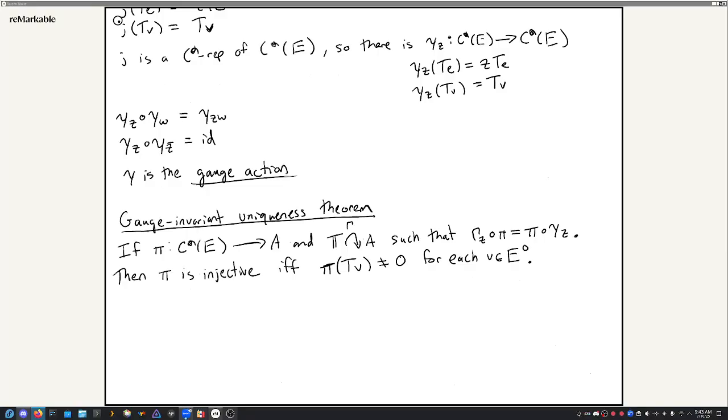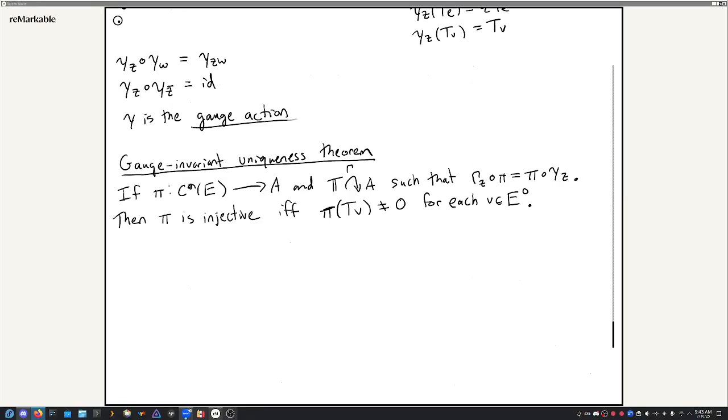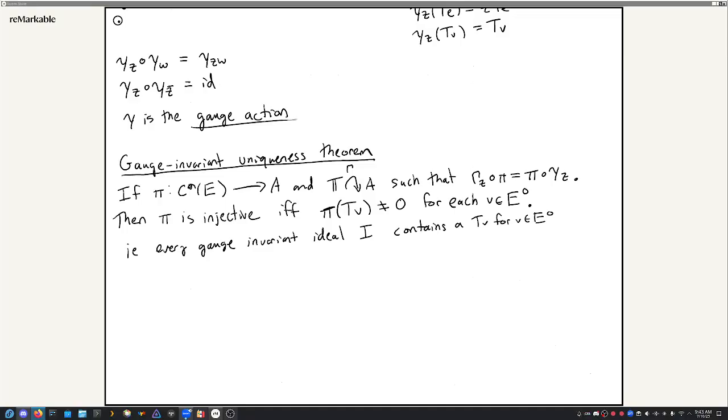And here I mean algebra, not the closure of the algebra, which would be the universal C-star algebra. So another way of rephrasing this theorem is that every gauge invariant ideal contains a vertex projection, or so I guess I should say every non-zero gauge invariant ideal actually not only contains an element which is in the algebra of generators, but it contains even a vertex projection.